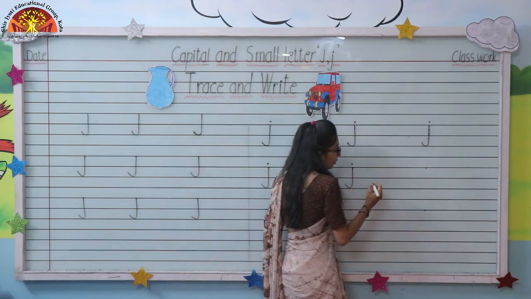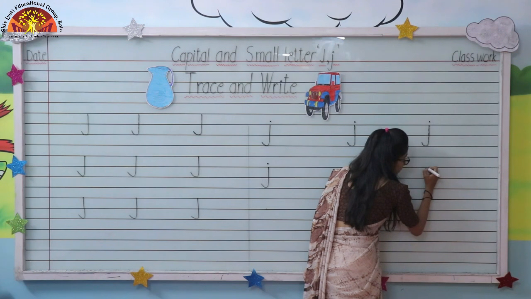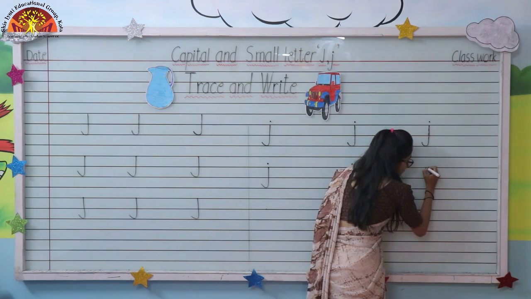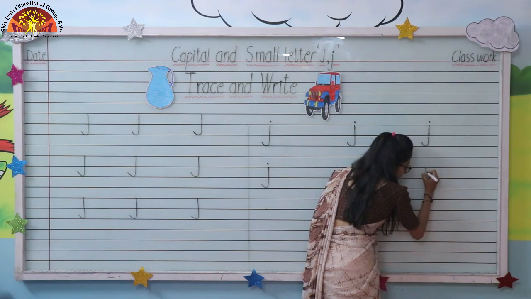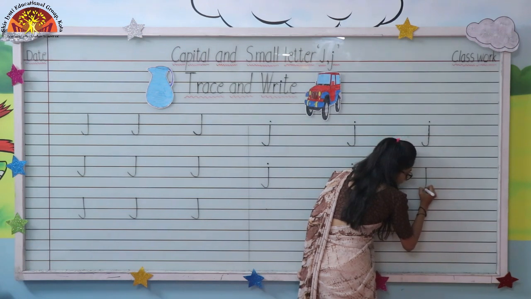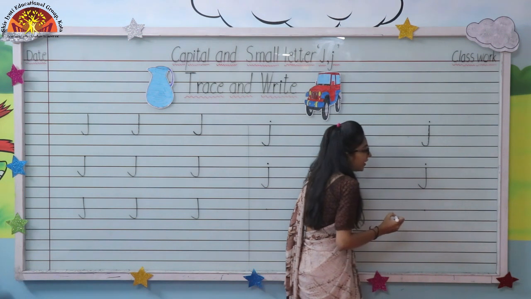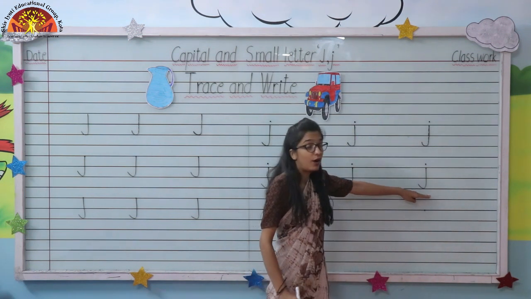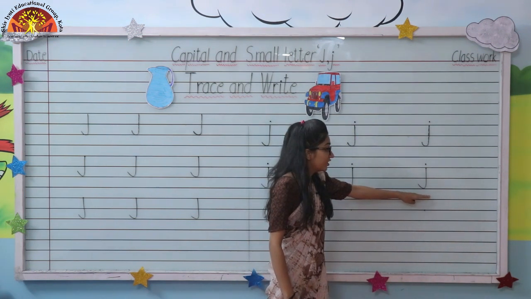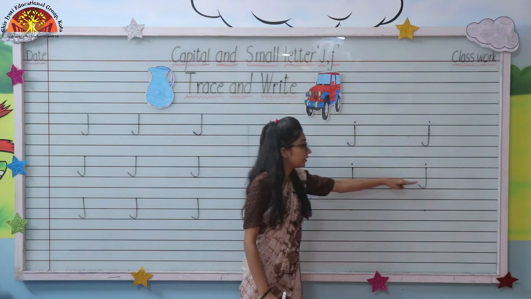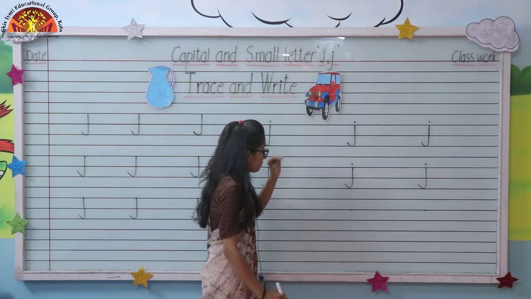Yes kids, do with me everyone. Keep your pencil here, make a standing line and turn and put a dot on it. This is small letter J. J for jeep.